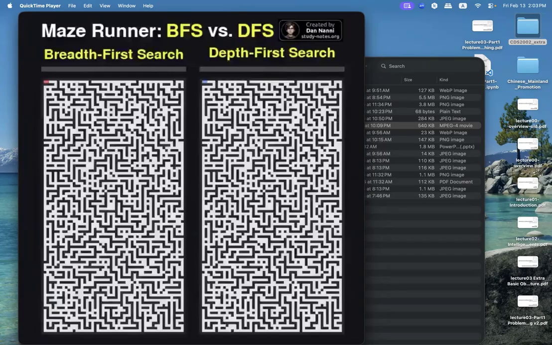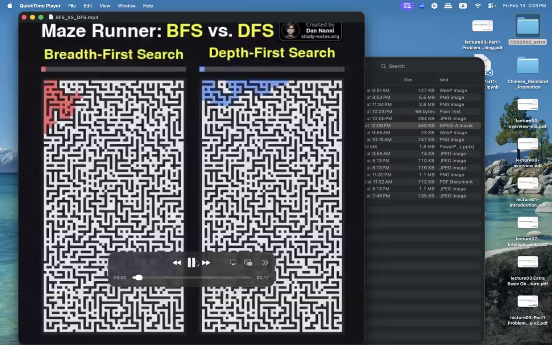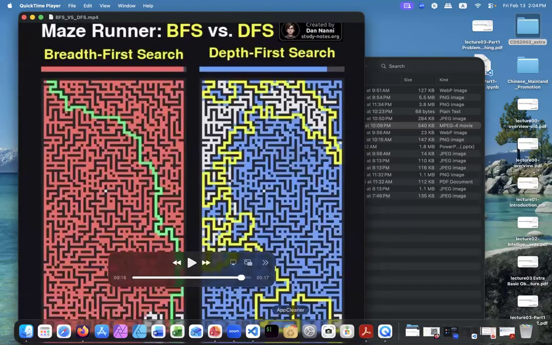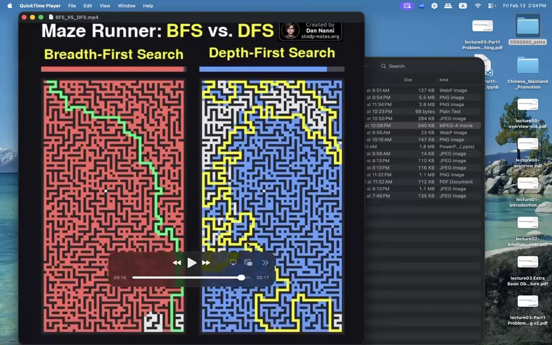So in this scenario, where we run the breadth first search, you will find that it is generating an optimal solution, and that's the reason why.